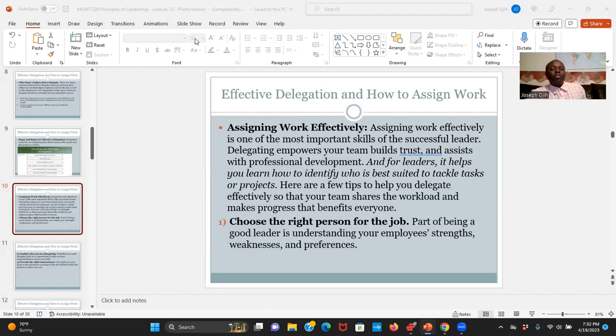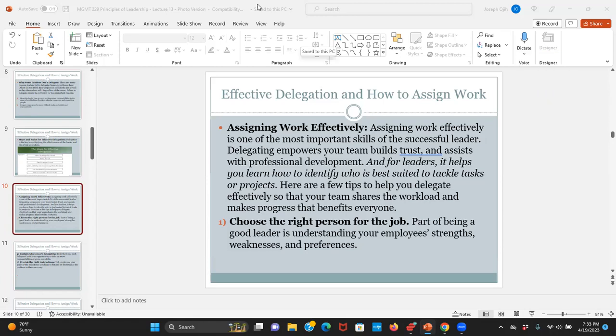There are some things that you can handle better as a leader, but there are others that it is much, much better for you to let the subordinates handle. That's why assigning work effectively is one of the most important skills. Because when you assign the work, you give the person a chance to do the job. That means you have delegated that job to him or to her.